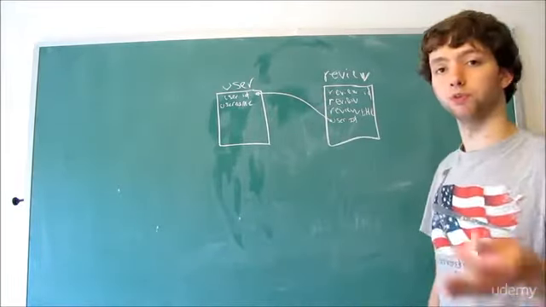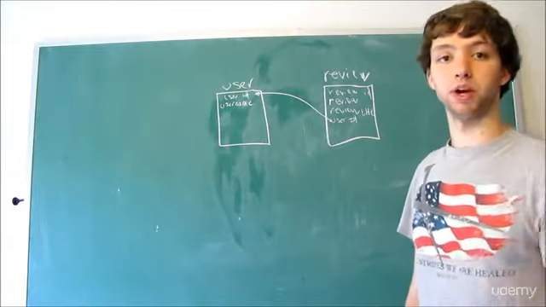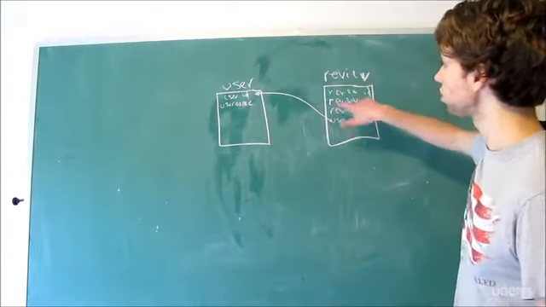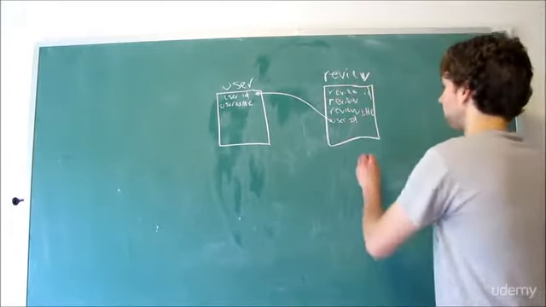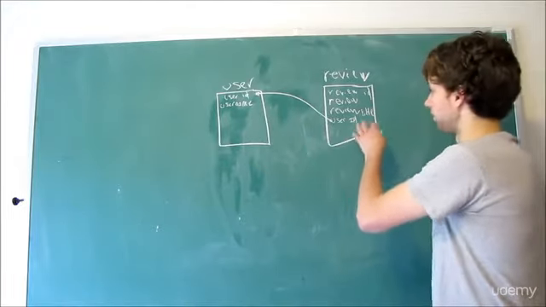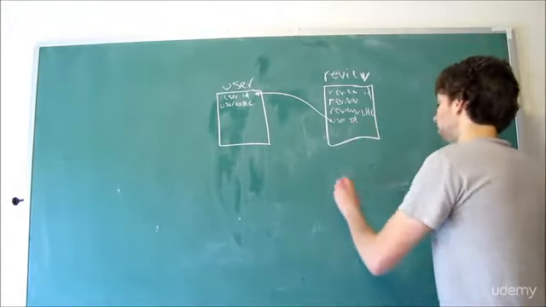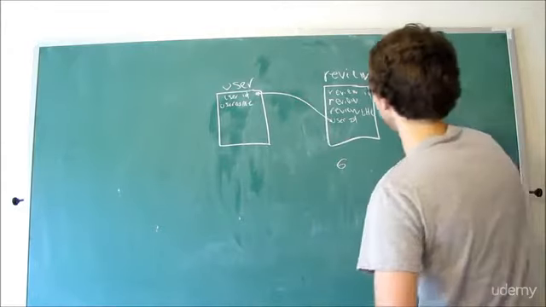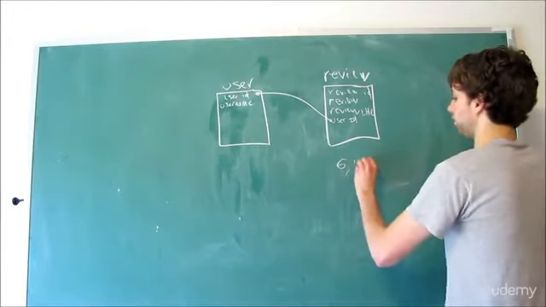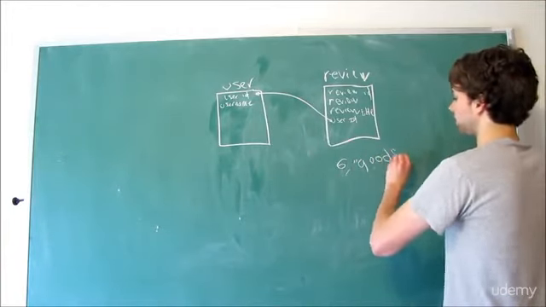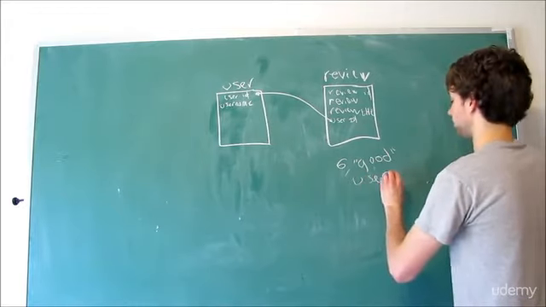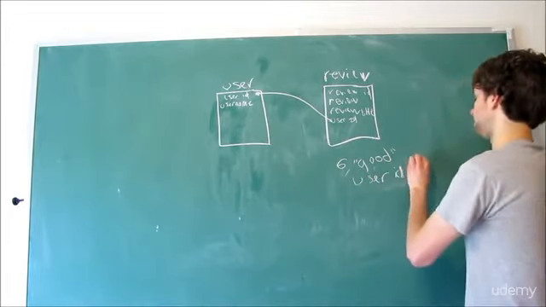Is this a one-to-one relationship, or is this a one-to-many relationship? Well, we could have multiple reviews, and each one would point back. So we could have another review, and we could have the same ID. Let's just think of some examples. Let's say we have the review ID of 6, and then the review is awesome or good, and it's by the user ID of 62.